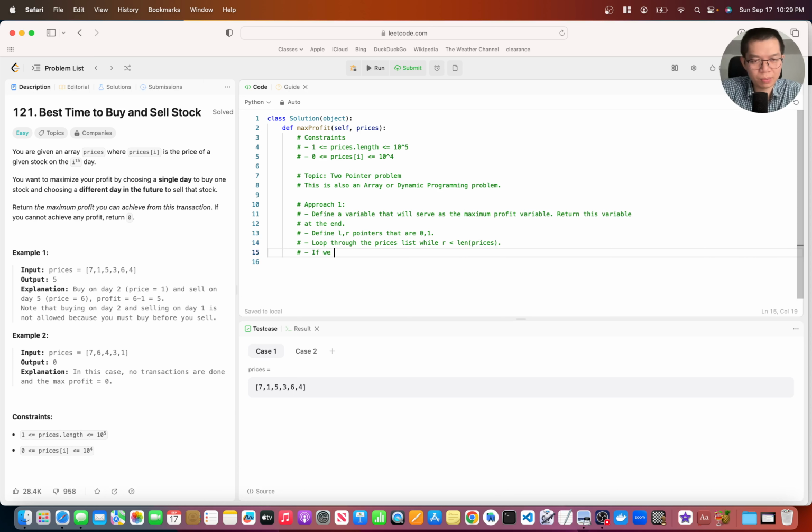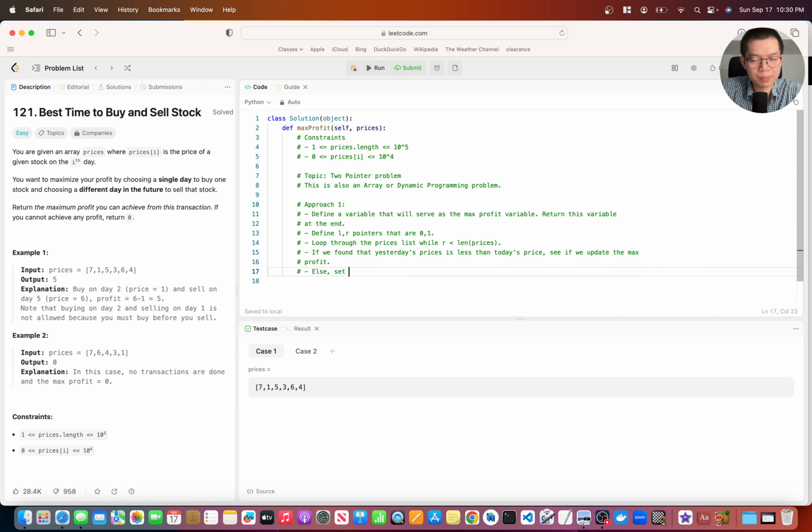If we found that yesterday's price is less than today's price, we update the max profit.